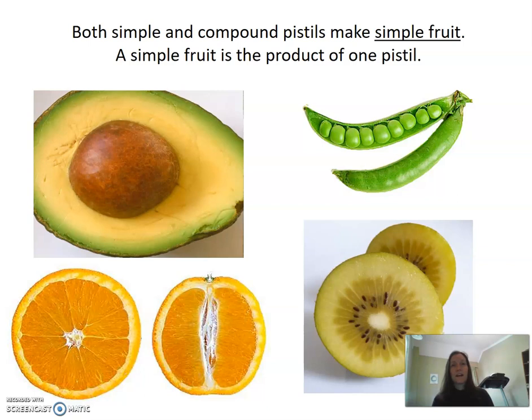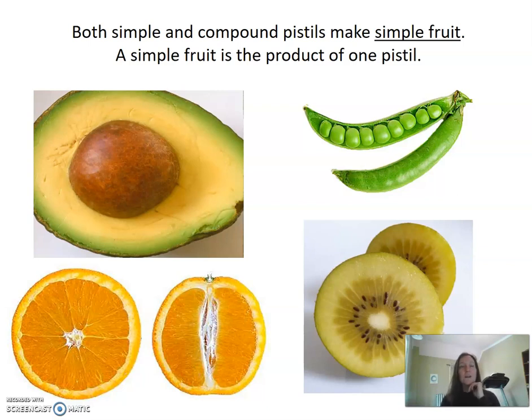Both simple and compound pistils make simple fruits. A simple fruit's a product of one pistil. These can have different sections inside. Simple fruits are shown here, and you might see that there's a bunch of diversity in these simple fruits.